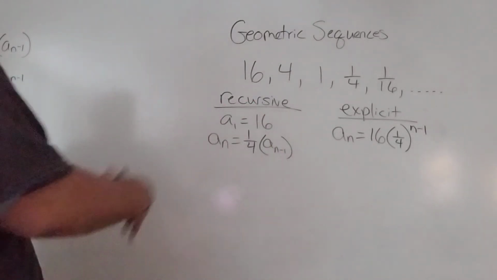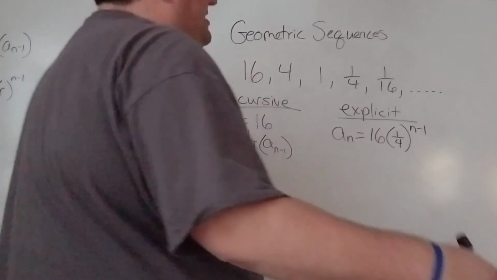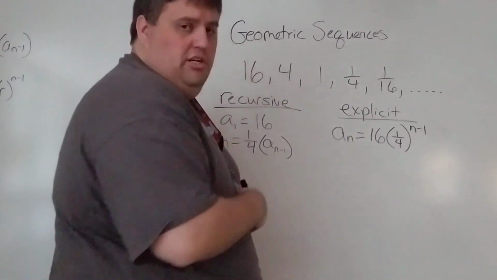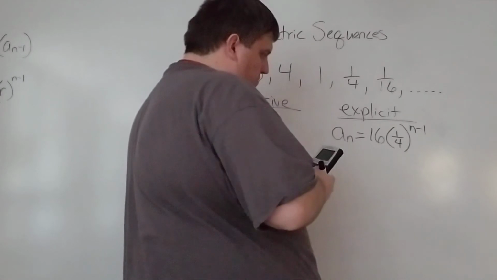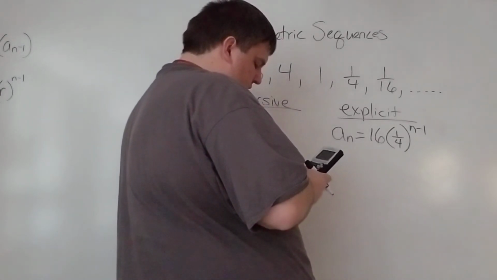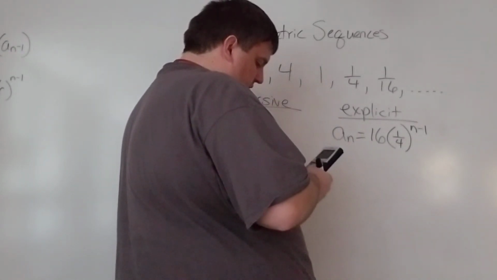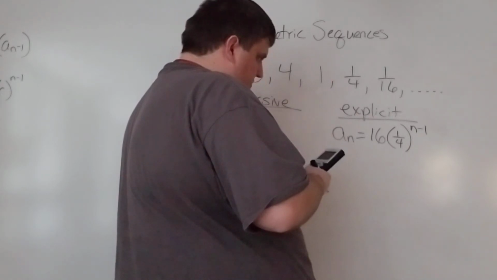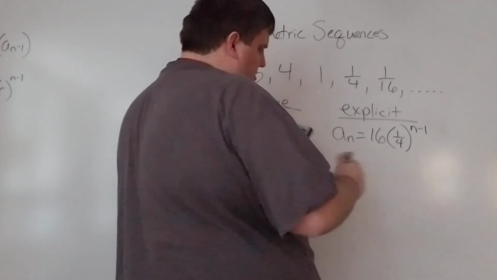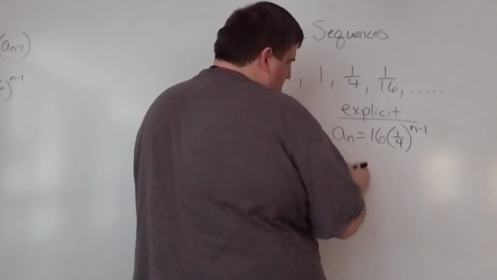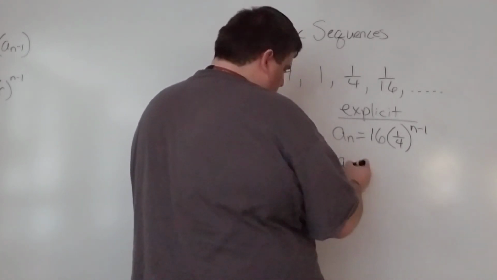And now if I want to find something like, hey, what is the 12th term? Sure, let's plug in 12. So 12 minus 1 is 11. 1/4 to the 11th is very tiny, times 16. Ooh, gave me something really small. A sub, what did I say, 12?